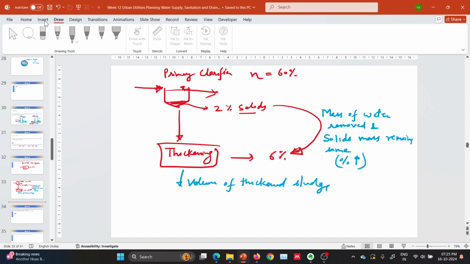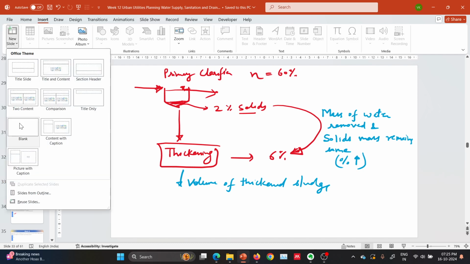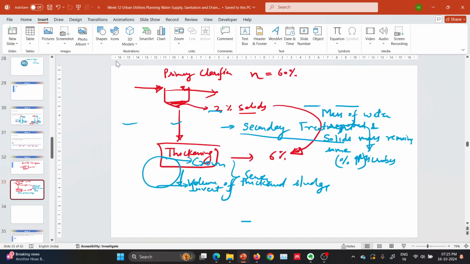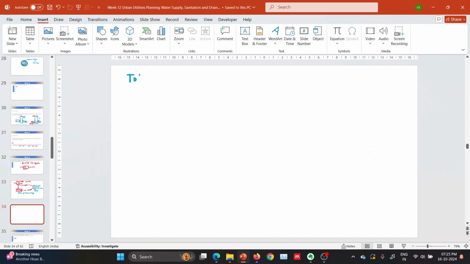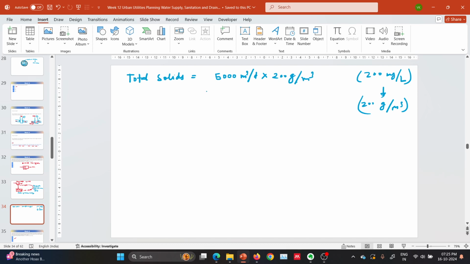So let's understand. Total solids were 5000 meter cube per day into 200 gram per meter cube. It was given as 200 milligram per liter, which can be written as 200 gram per meter cube. Understood?